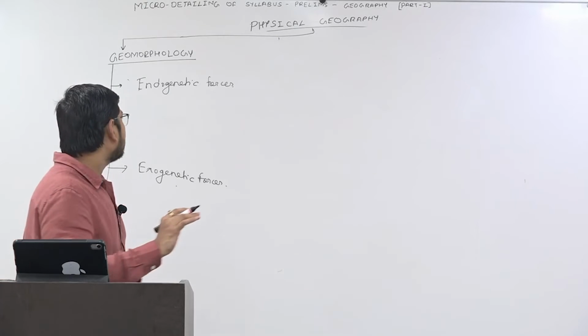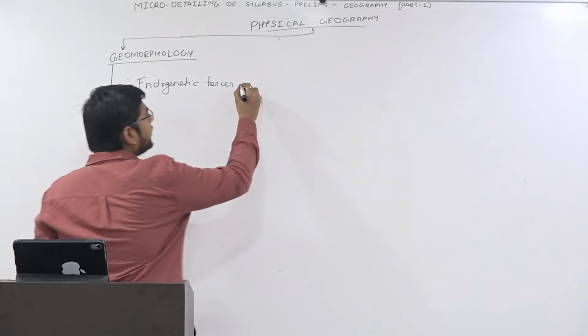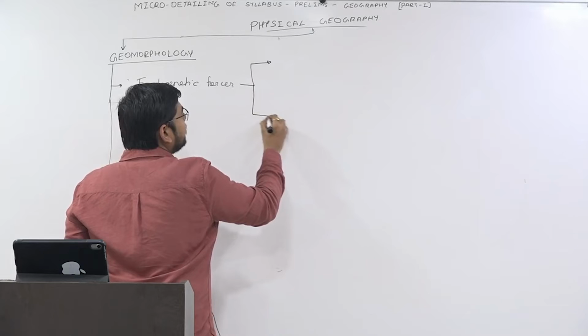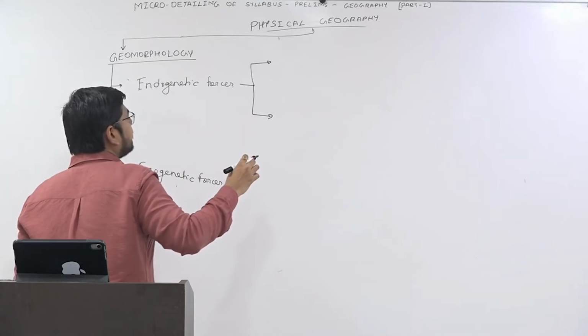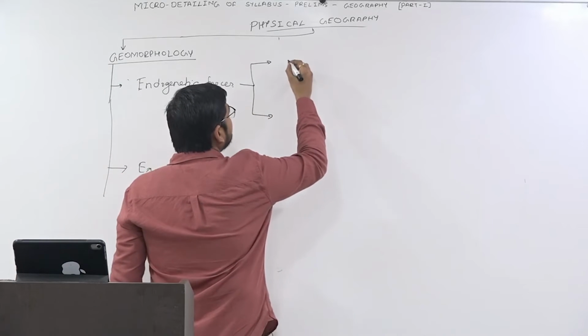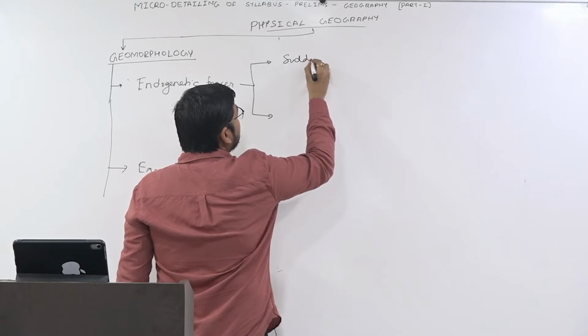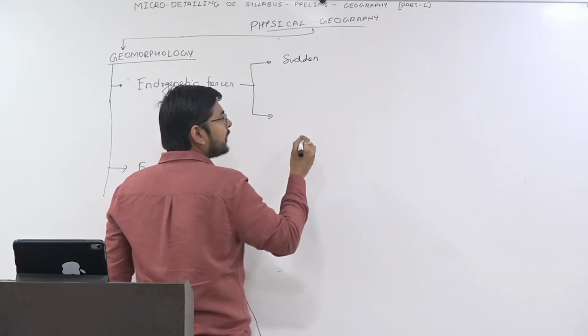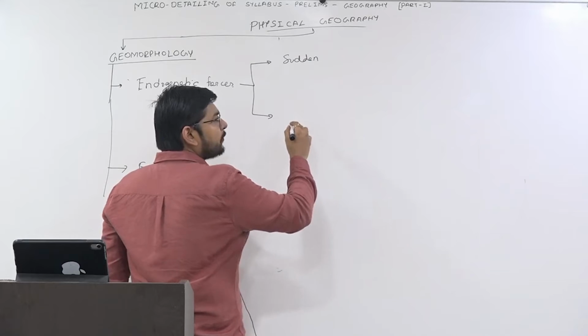So here we see that if I want to see what endogenetic forces are, we can classify them with respect to sudden forces, and we can also classify them with respect to slow forces.